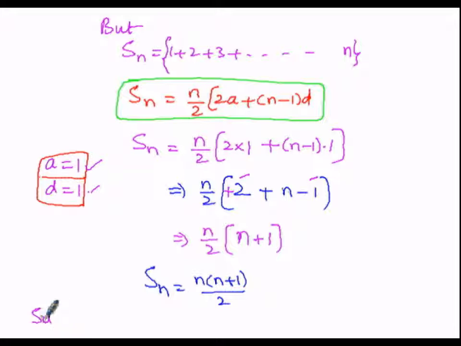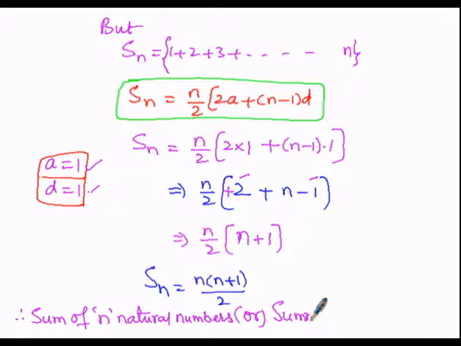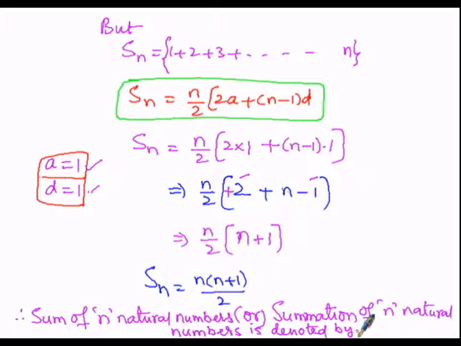Therefore the sum of n natural numbers, or summation, both give the same meaning, is denoted by sigma n.